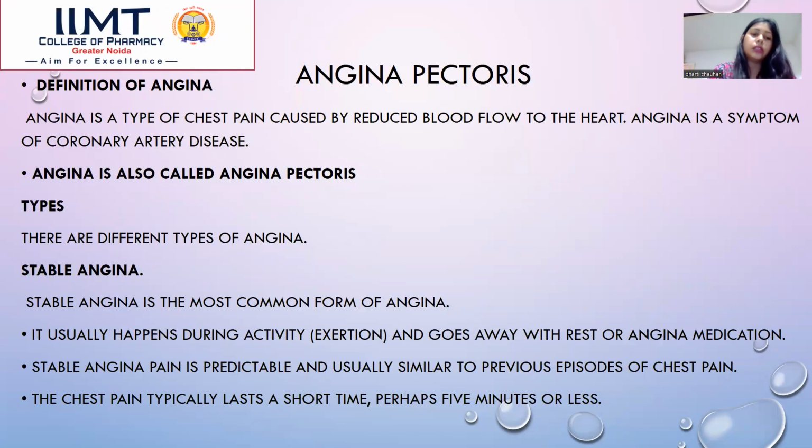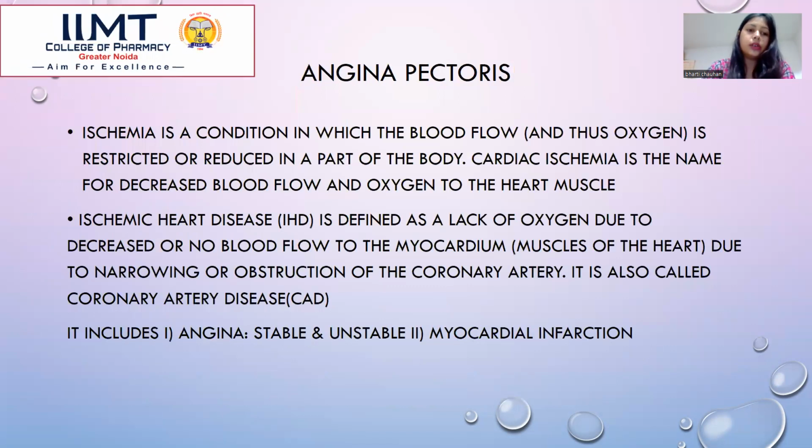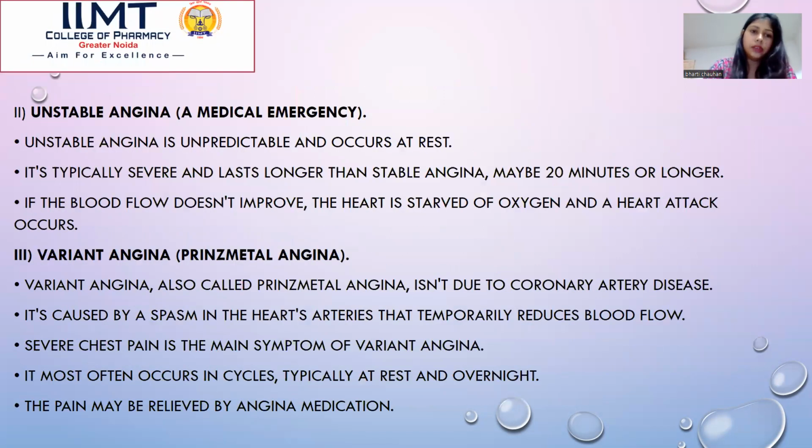Basically, if we take an example, pain comes on when you're walking up hills or in cold weather, you can feel a pain in your chest. It may be due to angina. So, stable angina is not a chronic type of condition, it is an acute condition.